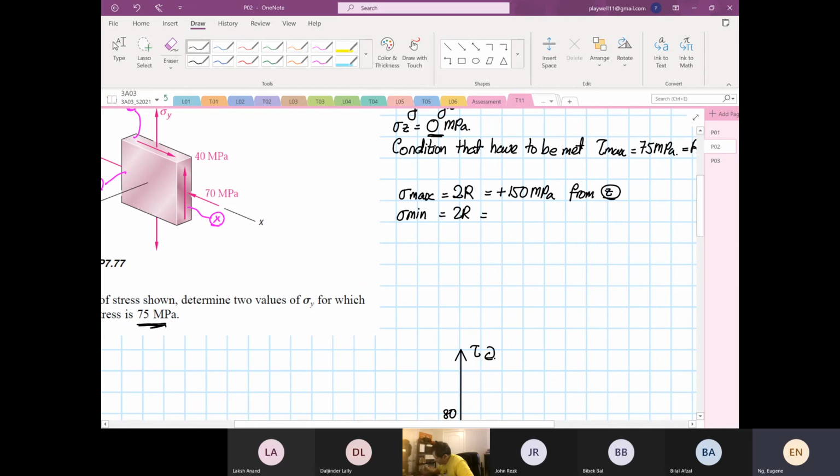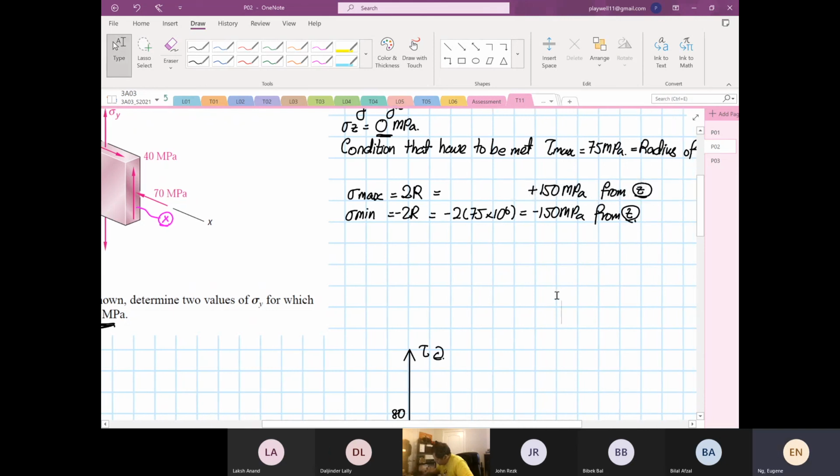Why 150? It is 2 multiplied by 75 times 10 to the power 6. So minus 150 megapascal from point Z. I better write out the working for you.